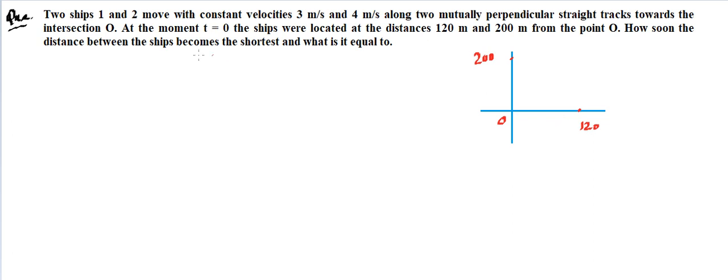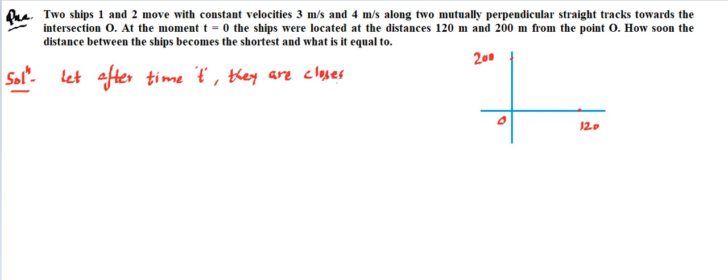Let's say after time t, we draw their locations. Solution: let after time t the distance become minimum. So after time t, they are closest, or the distance becomes minimum or shortest.